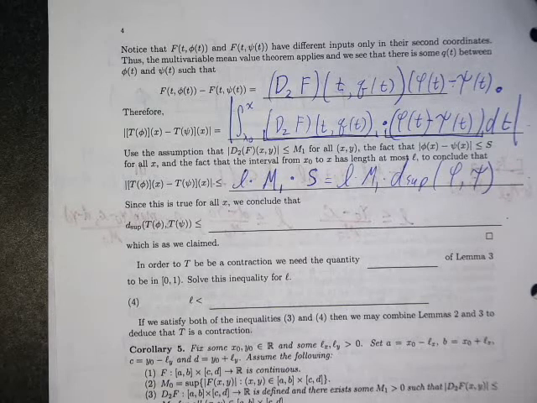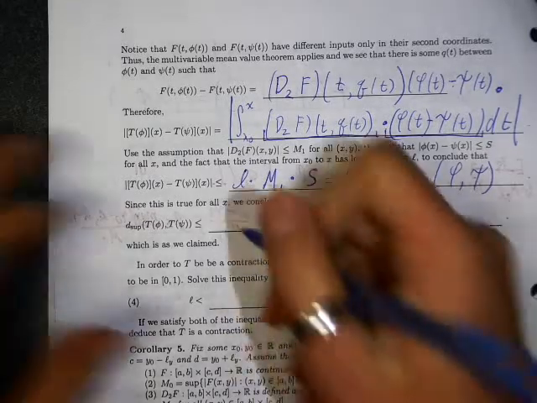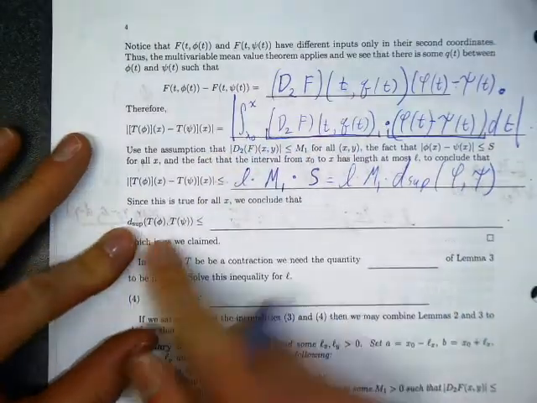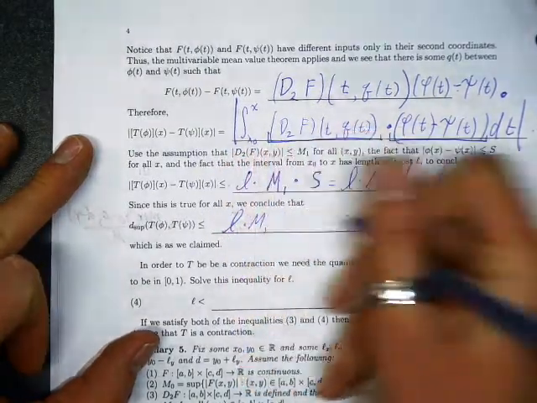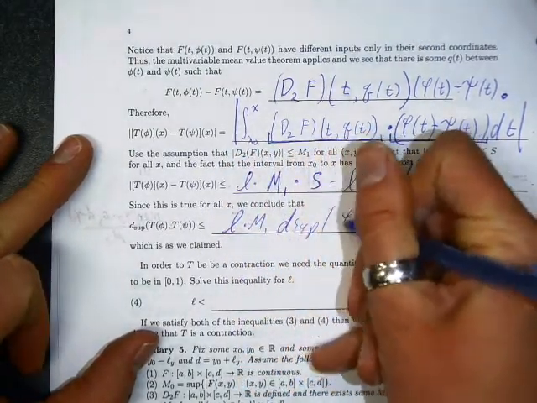So that means if I replace that g with T of phi and that h with T of psi, tell me again, what is the least upper bound for the set of all things that look like that? So the actual least upper bound is less than or equal to that. L times M1 times D sup of phi comma psi.